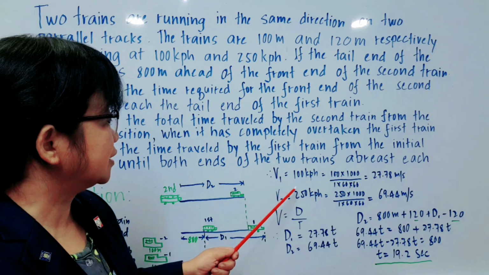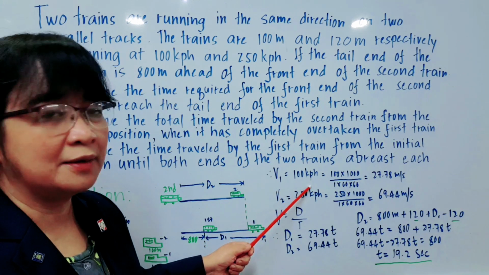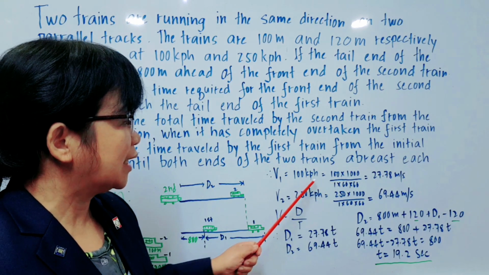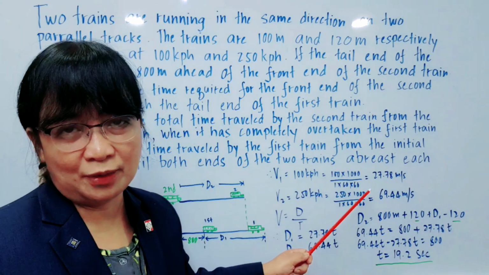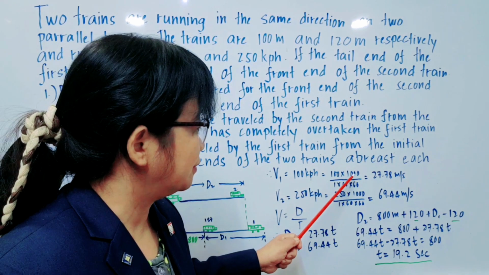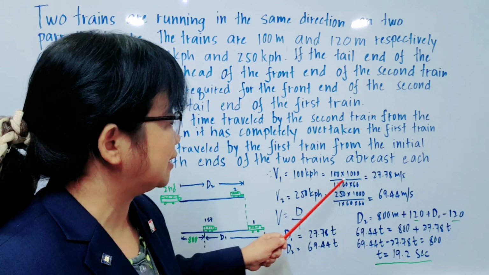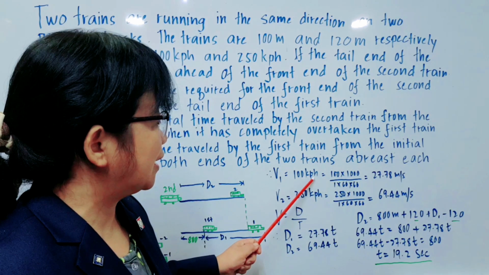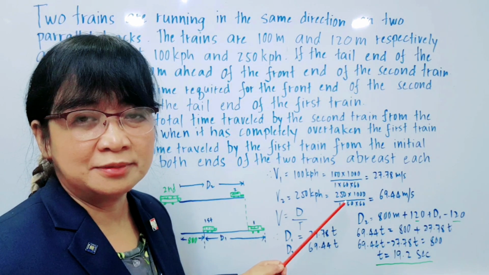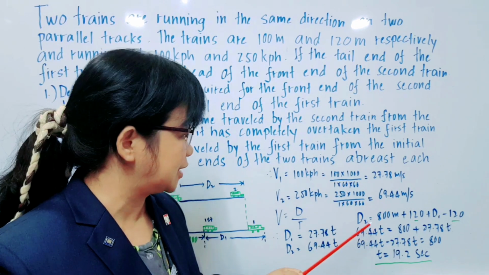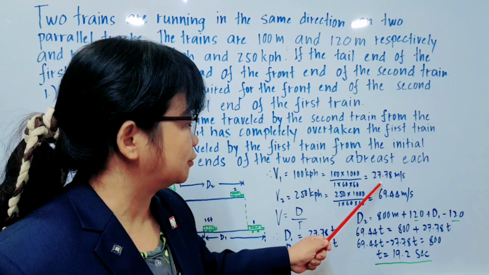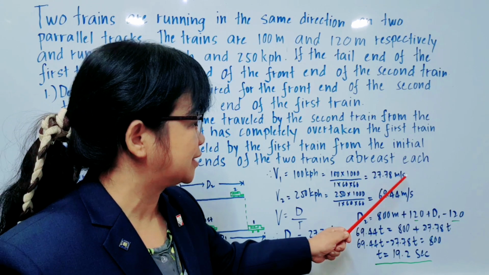Now, velocity 1 is equal to 100 km per hour, which is equal to 100 times 1,000, because 1 kilometer is equal to 1,000 meter, divided by 1 hour times 60 minutes times 60 seconds. So V1 is equal to 27.78 meter per second.